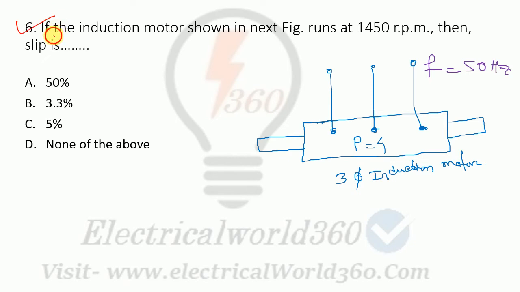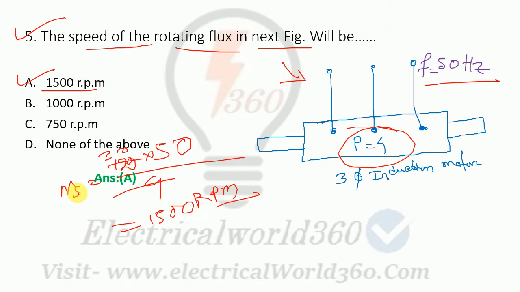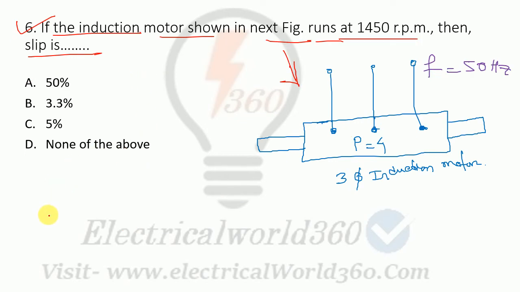This is the question number 6. If the induction motor shown in this figure runs at 1450 rpm, then the slip is what? So here you can see the synchronous speed is 1500 rpm. So in this case, as we know, the slip is (Ns minus N) by Ns into 100 to get the percentage of slip.